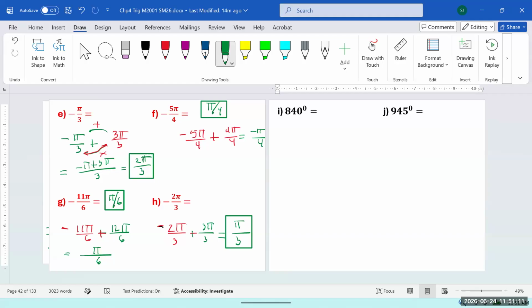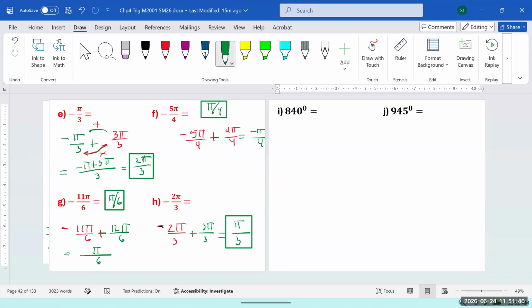So 11 is next number, 12 is twice 6. 2 is closer to 3, it's 1 times 3. So this number will be definitely a multiple of the denominator, and it's 1 time or 2 times of the denominator. Okay, so all of these are between 0 to 360, either positive or negative.